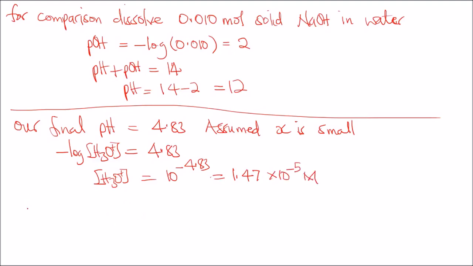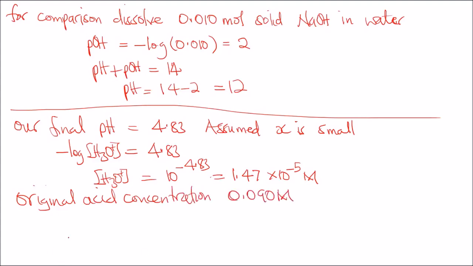Now, our original acid concentration where we calculated the pH was 0.090 molar.